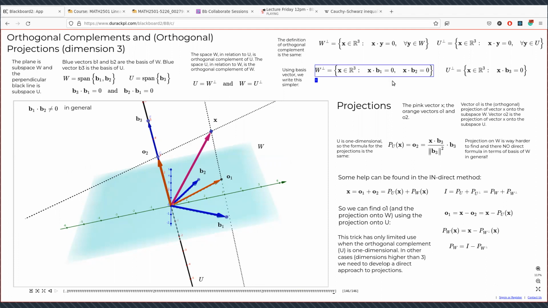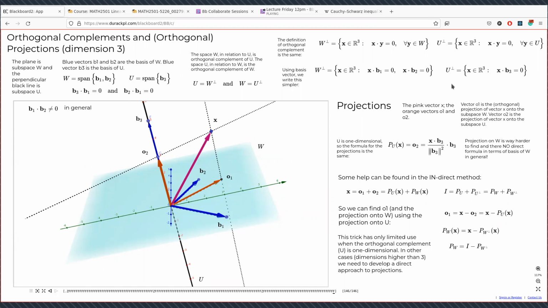I just have a question that another student brought up. Here you say that B1 times B2 is not 0, but in another slide you say that B1 times B2 is 0.